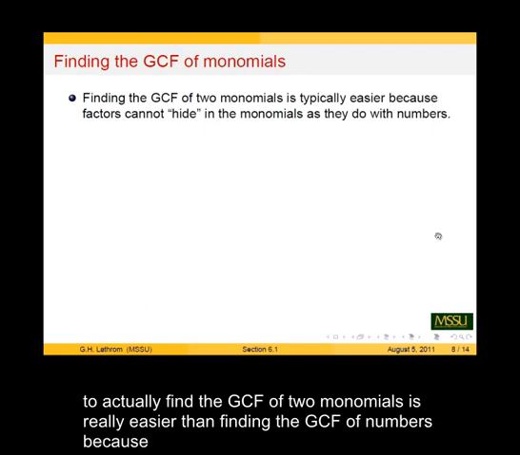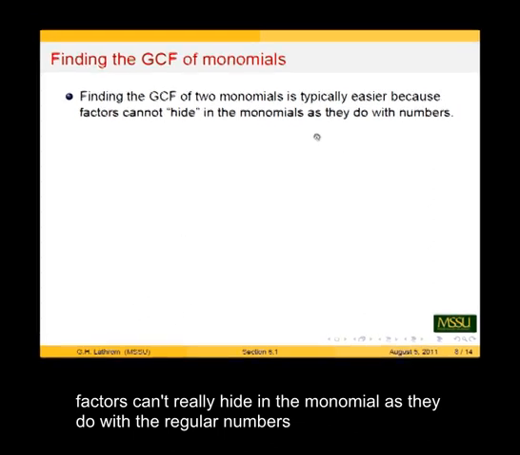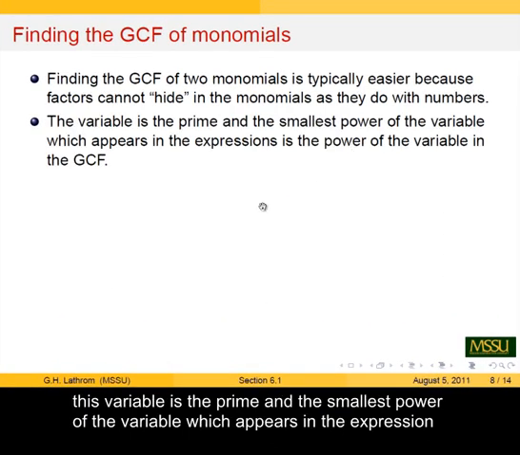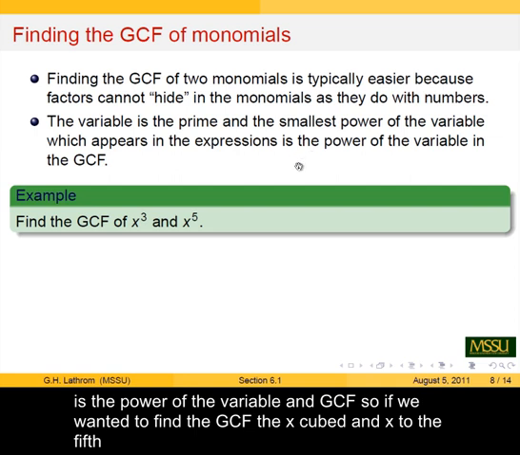Actually, finding the GCF of two monomials is really easier than finding the GCF of numbers. This is easier because factors can't really hide in the monomials as they do with the regular numbers. The variable is the prime, and the smallest power of the variable which appears in the expression is the power of the variable in the GCF.